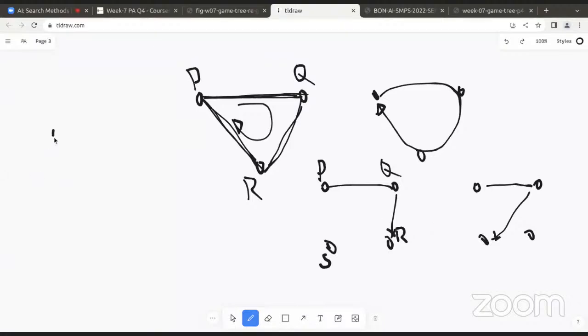How many tours are possible with 2 cities? PQ, 1. I travel and then I travel back. That's it. With only 1 city, there is no tour, that is also only 1, basically. 2, 3. Now you have to build up for 4.